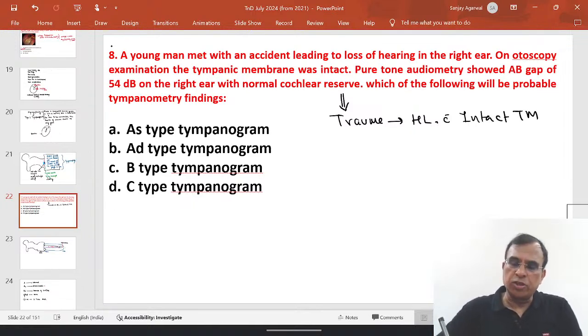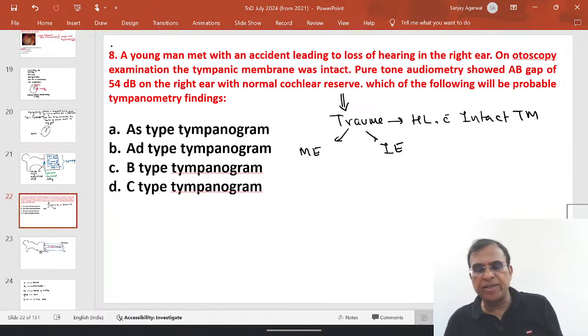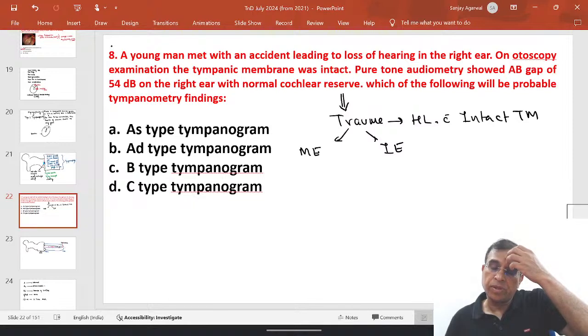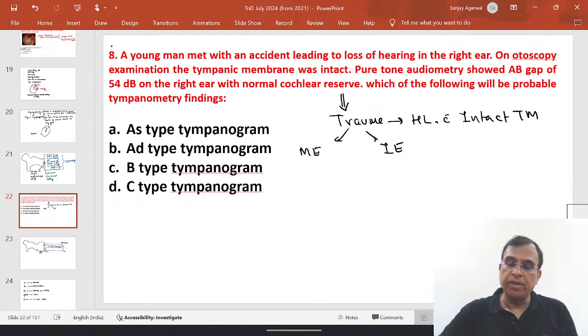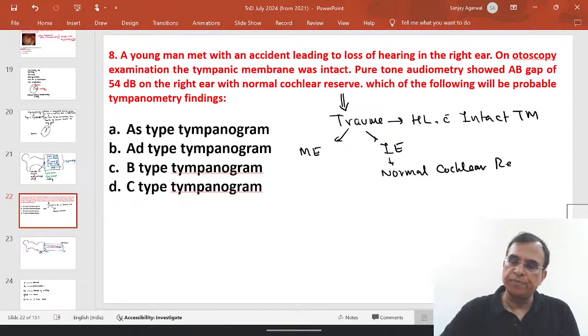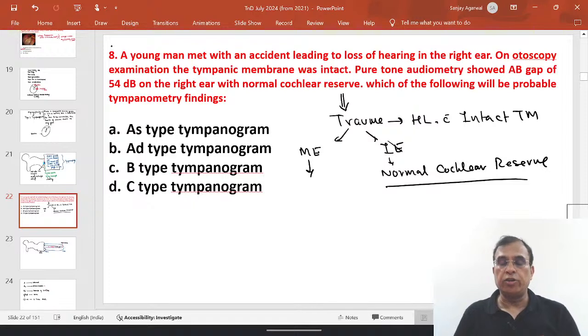That means the trauma has affected either the middle ear or the inner ear. If the middle ear is affected, you have hearing loss. If it is the inner ear, again it is hearing loss. But inner ear will have abnormal cochlear reserve. So if cochlear reserve is normal, it is not the inner ear. So it is middle ear disease, middle ear trauma.